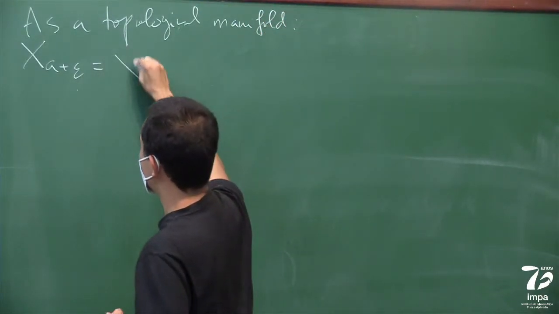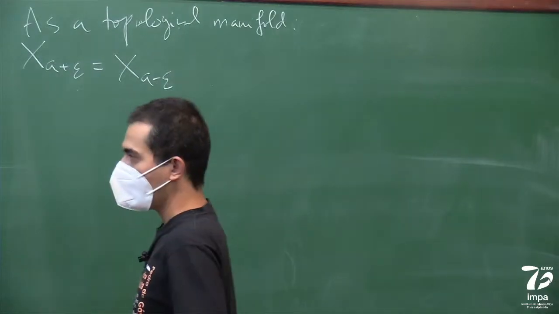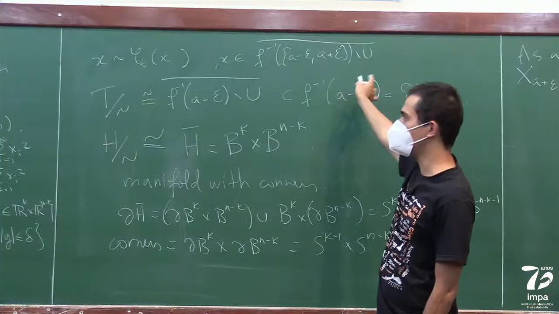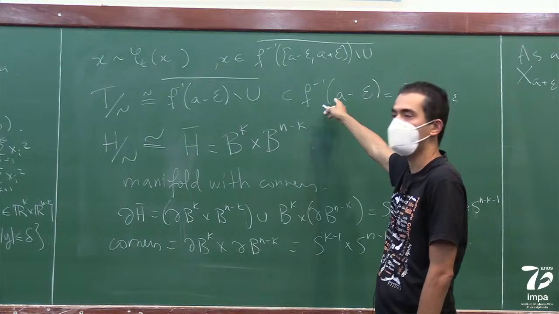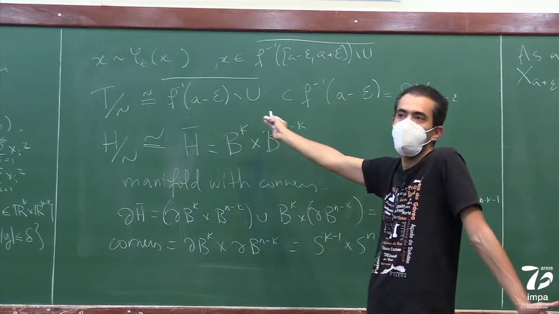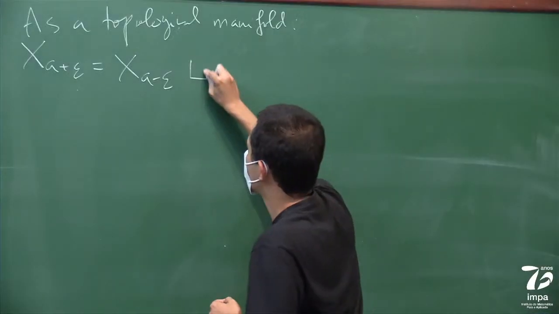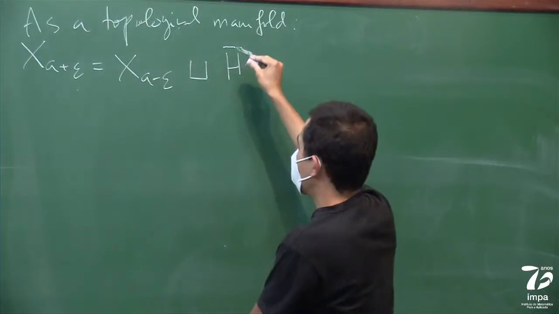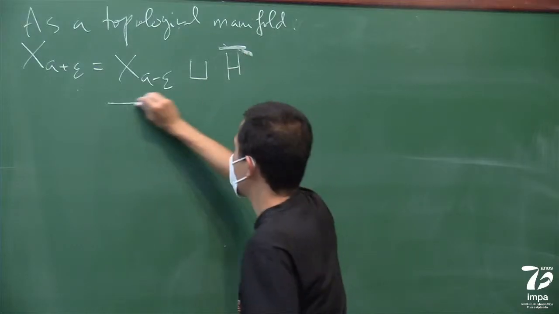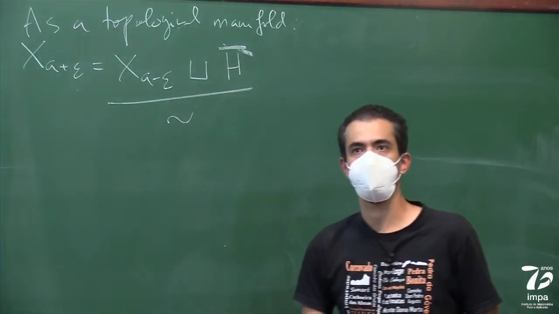You just take the other one, and the t doesn't do anything. If you take the disjoint union with t and identify, you don't do anything. So what you're really doing is gluing this h bar. You're taking the disjoint union with this h bar, and then collapsing with some map.